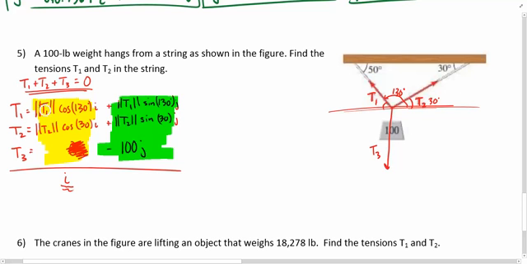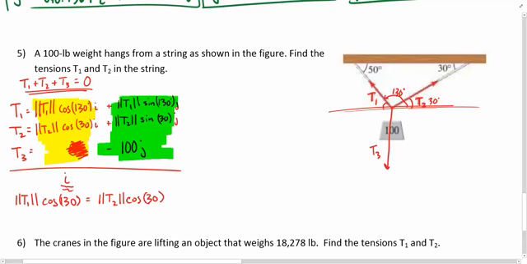But in order for this component plus this component to equal 0, then both of those components must be equal to one another. So the magnitude of T1 times cosine of 130 degrees must be equal to the magnitude, or the force applied, on T2 at cosine of 30 degrees.